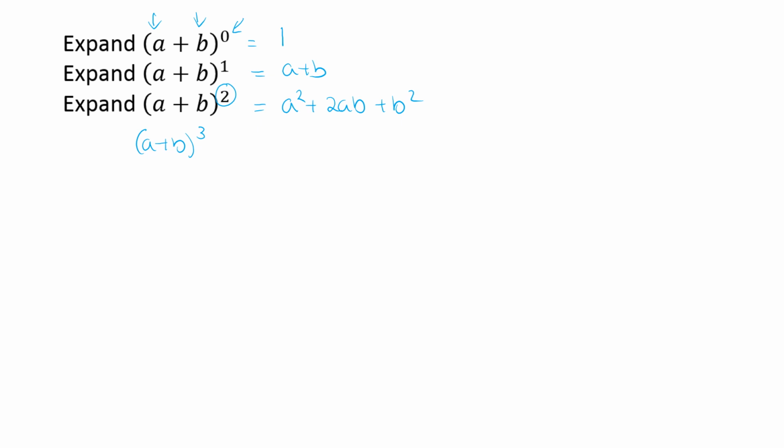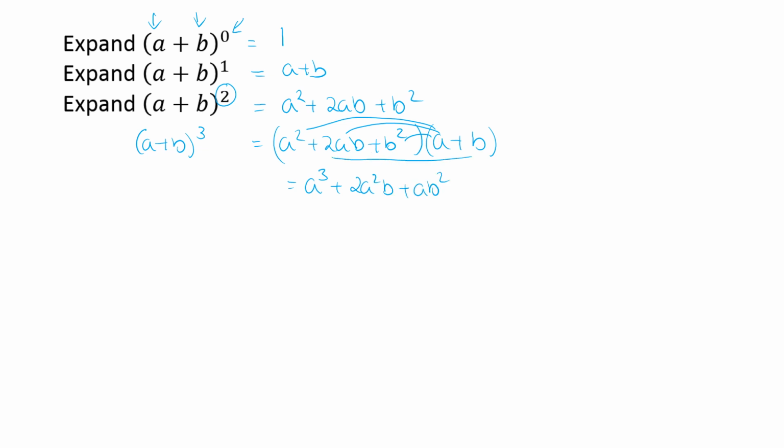Now we've just found what (a + b) squared is. So if I write that out in the expanded form, then to get (a + b) all cubed, we would just times it by another (a + b). Multiplying through by a, we would get a³ + 2a²b + ab².